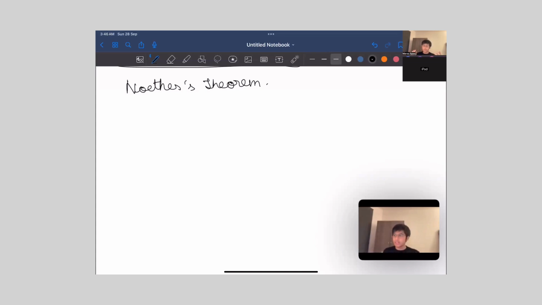Similarly, for the conservation of linear momentum, there should be some symmetry because of which linear momentum is being conserved. And the same is true with energy and any other physical quantity. So, in our discussion currently, we'll need three quantities: energy, momentum, and angular momentum.